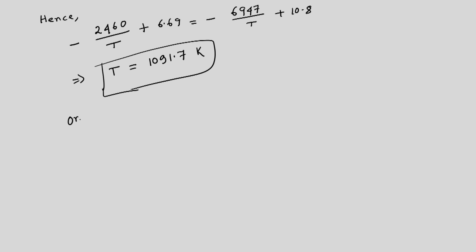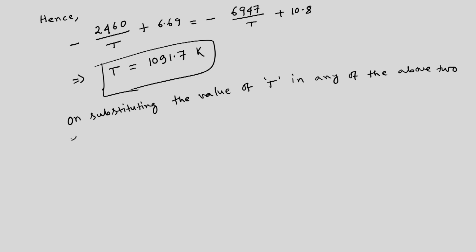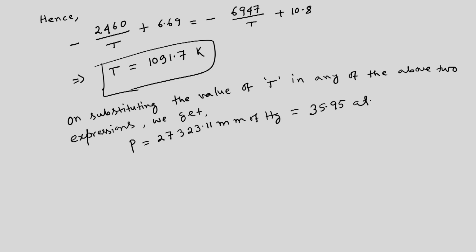So, on substituting the value of T in any of the above two expressions, we get P equals 27323.11 mm of Hg, or you can write 35.95 atmosphere.